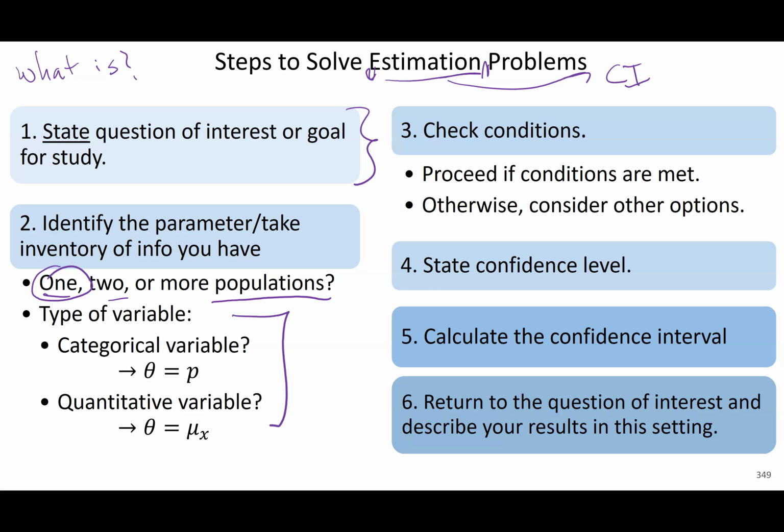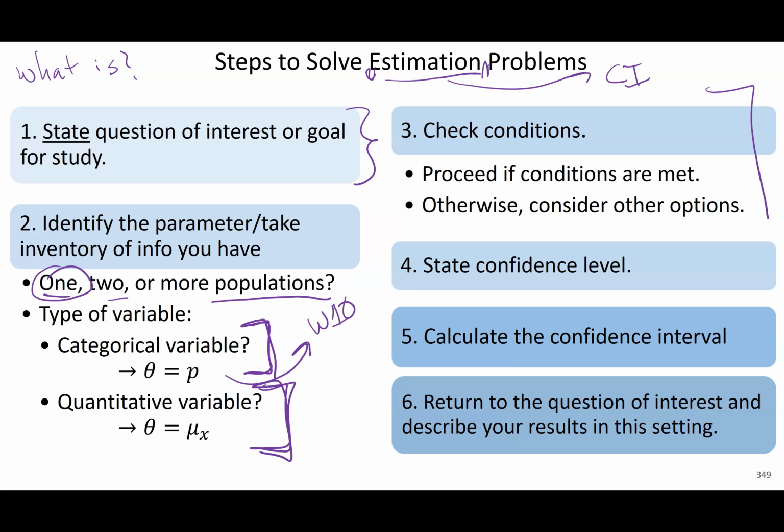And then the type of variable, so if it's a categorical variable that you're collecting, like yes or no, or political party, or whether you prefer hot or cold, you're going to be trying to estimate the proportion. This is some week 10 stuff. And then if what you're measuring is quantitative, you're going to be dealing mostly with means. Other classes, you might touch on medians as well, but we don't talk about those particular tests.